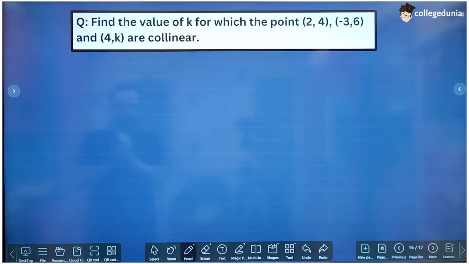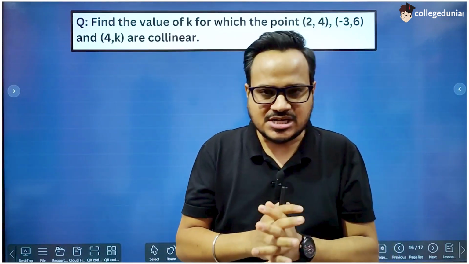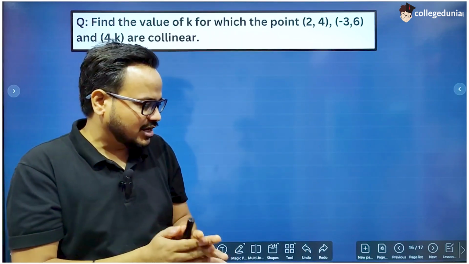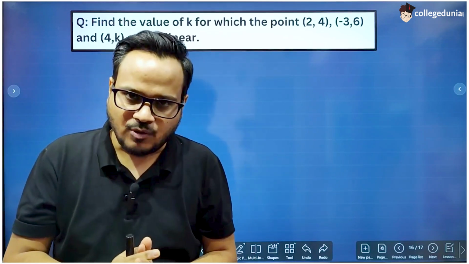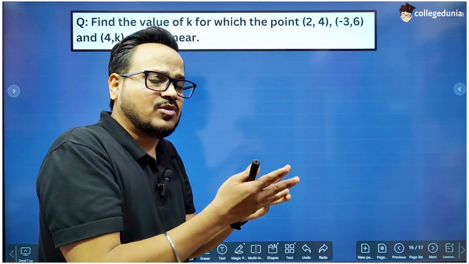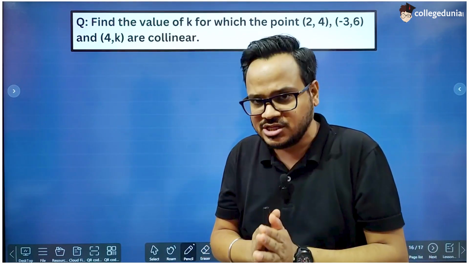So if this type of question comes related to collinearity of points, just remember, if you take 3 points and find the area of the triangle using the formula that we have just discussed, you are going to get the answer as 0. Because if 3 points are collinear, they are not forming any triangle. In other words, the area of the triangle formed by 3 collinear points is 0.